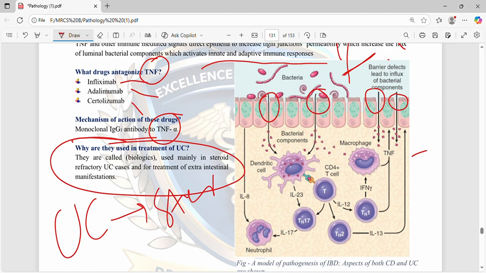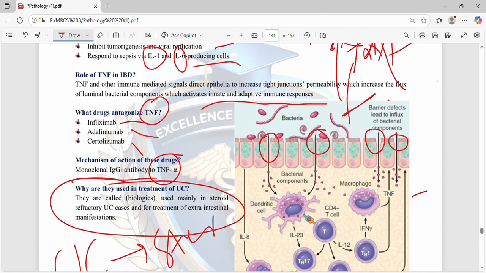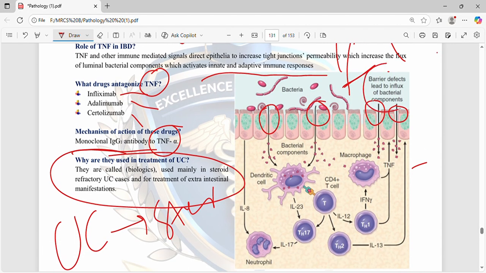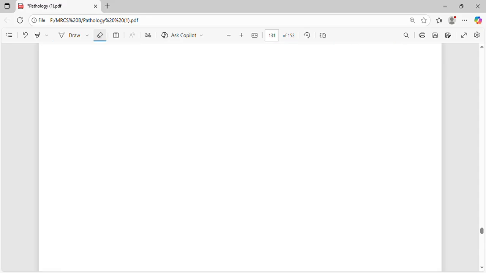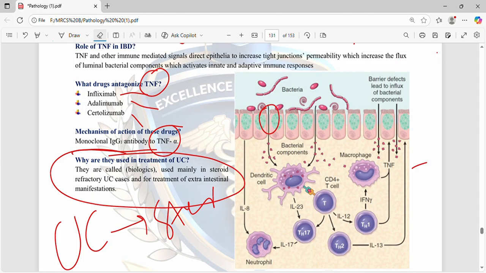You can see here that the barrier defects lead to influx of the bacterial components into the wall of the intestine. This is the wall of the big intestine.